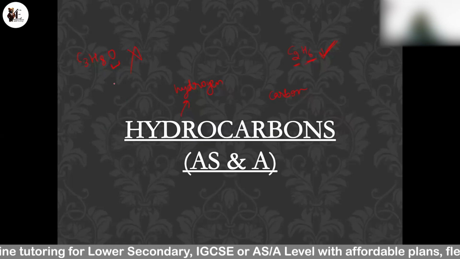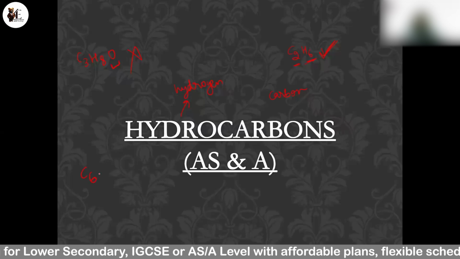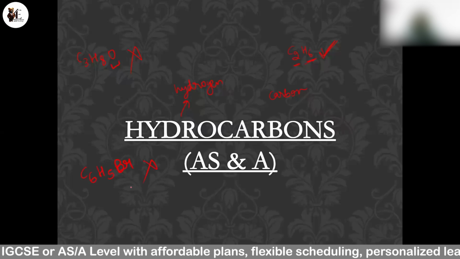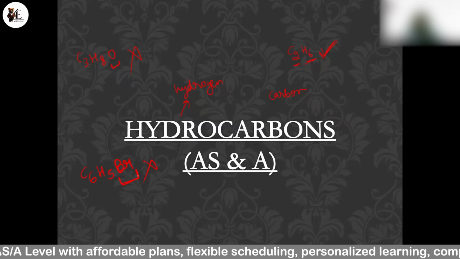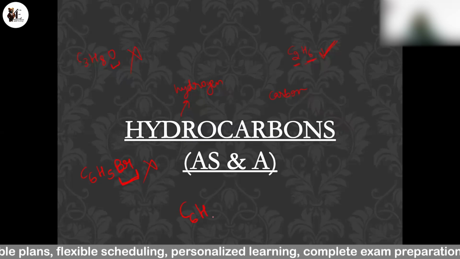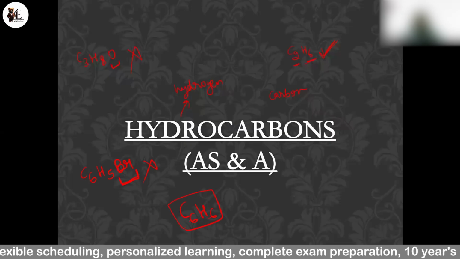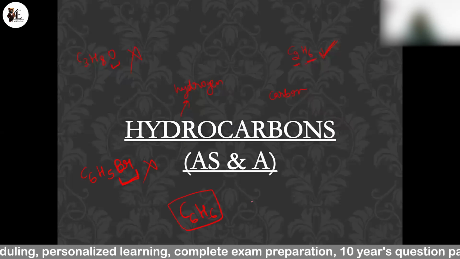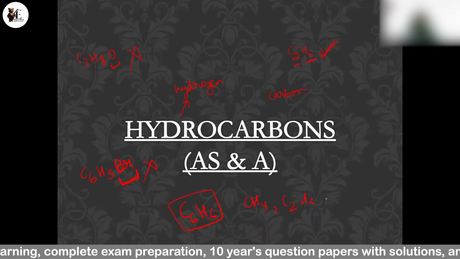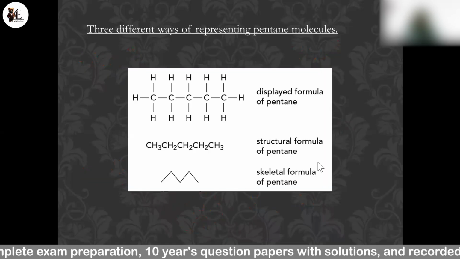No other element should be there. If I write C6H5Br, is it a hydrocarbon? No, because bromine is present here. So a hydrocarbon is an organic compound which contains only carbon and hydrogen. C6H6, CH4, C2H6, C2H2, all these are hydrocarbons.